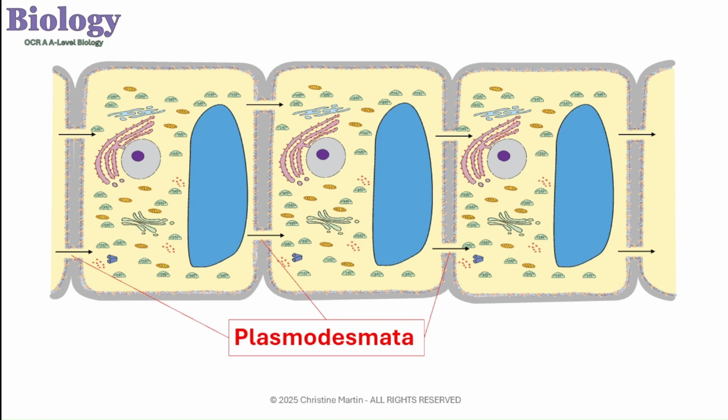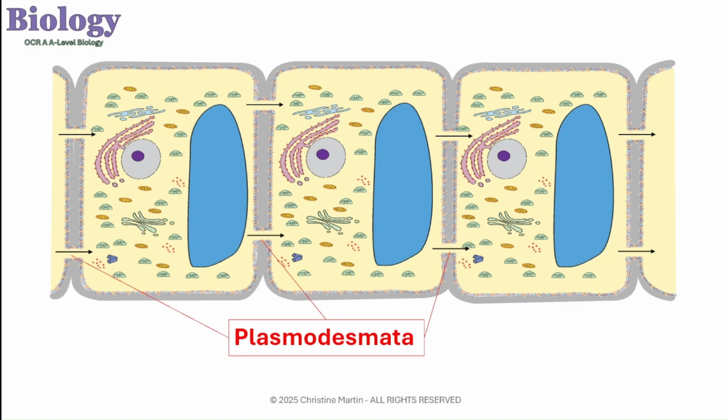Now, these channels allow ions, small molecules, hormones, sugars, and even larger substances such as RNA and proteins to pass directly between the cells. This regulated cytoplasm to cytoplasm transport is called the symplast pathway. Now, plasmodesmata act like corridors with doors where proteins control what passes through.